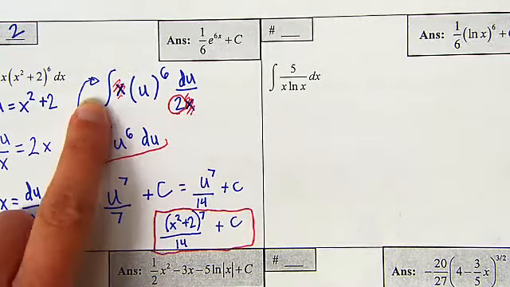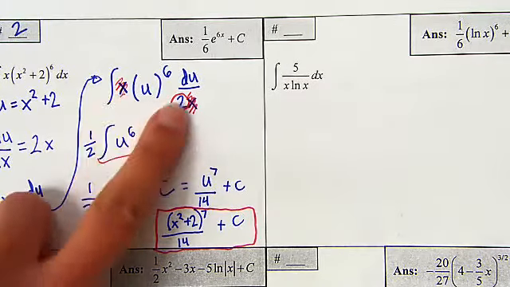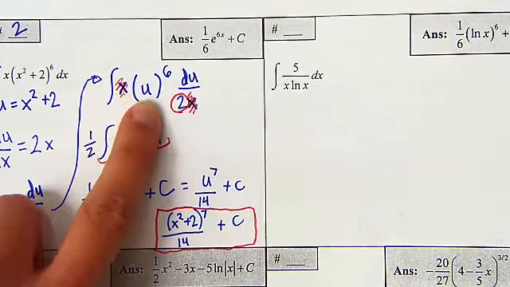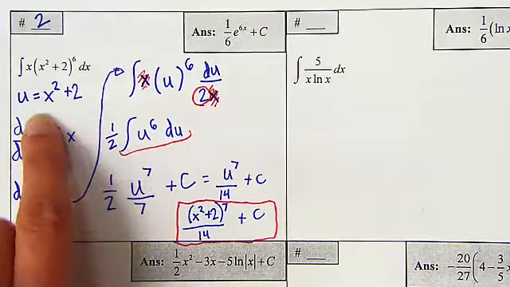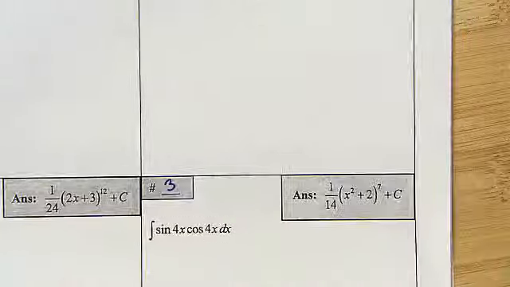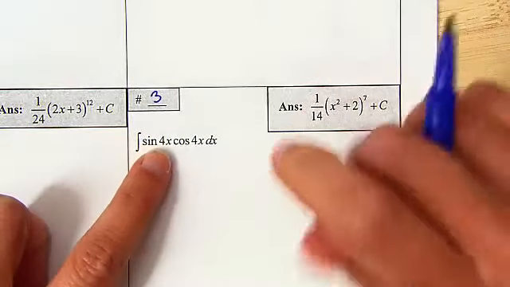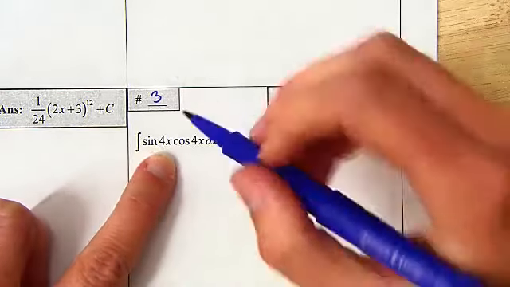The problems are usually set up like that. So when things aren't canceling out and you have x's and u's, chances are you may have picked the wrong u. So I'm going to suggest that you don't set u to be 4x. You could try it, but it won't work out.